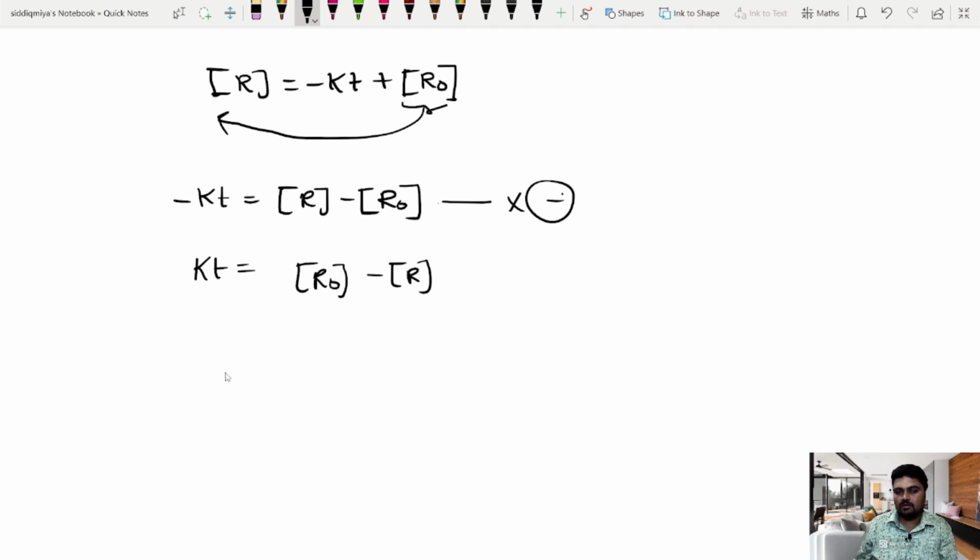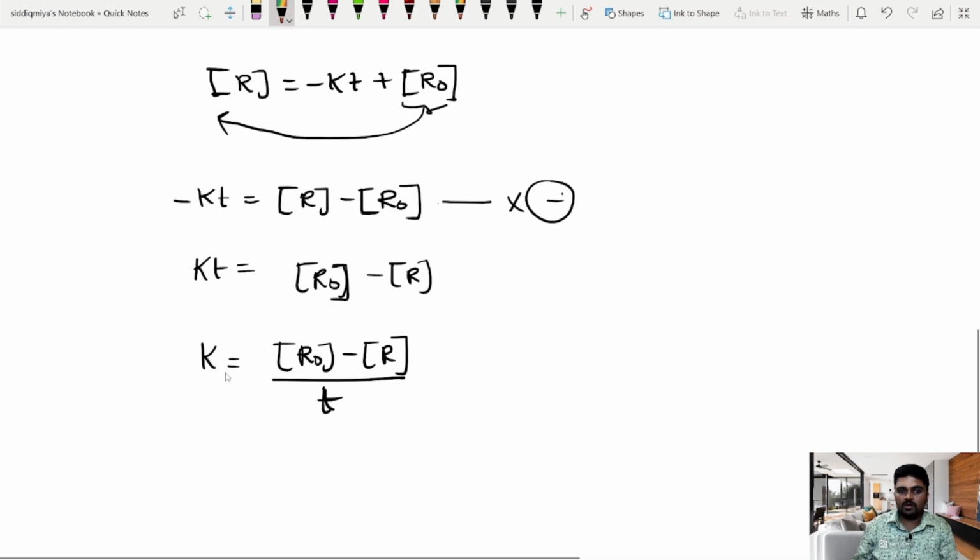So k is equal to R naught minus R by t. Here t means time, and k is the rate constant.